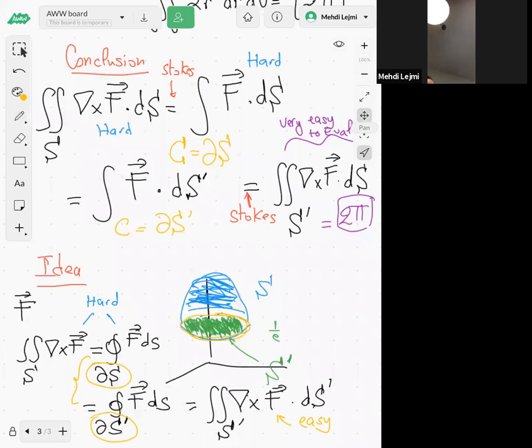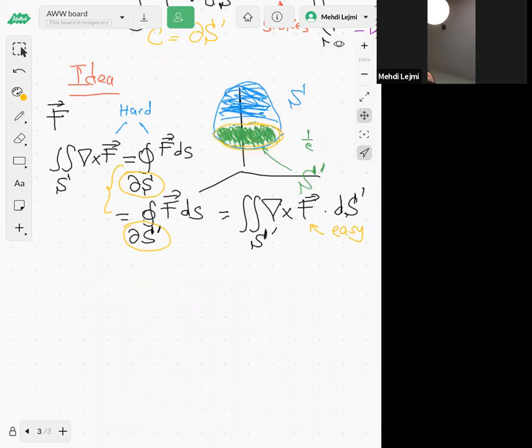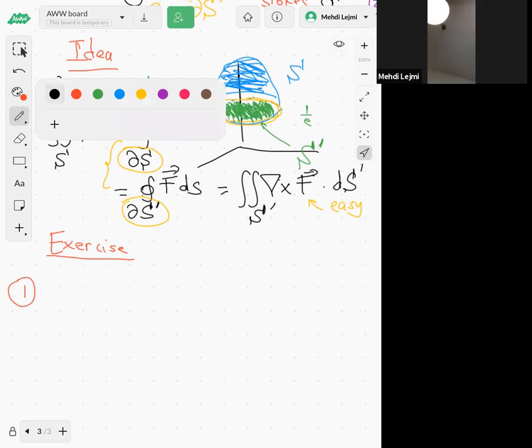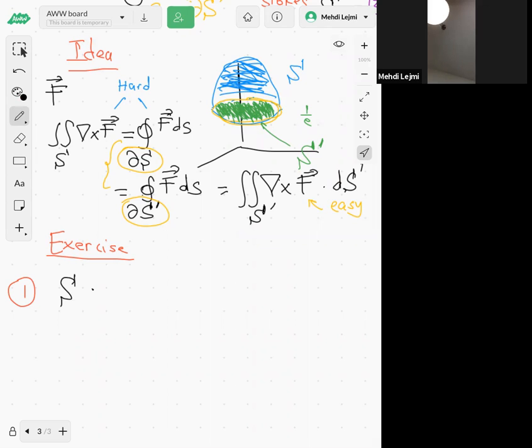So here's an exercise about Stokes theorem. Well, I'm not sure if we're gonna have time to go over the exercise today, but first exercise: let's say surface S defined by x squared plus y squared plus 5z equals 1 with z positive, right?